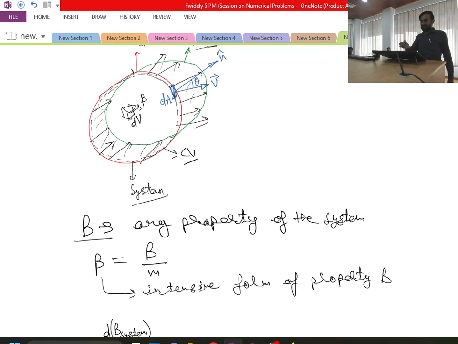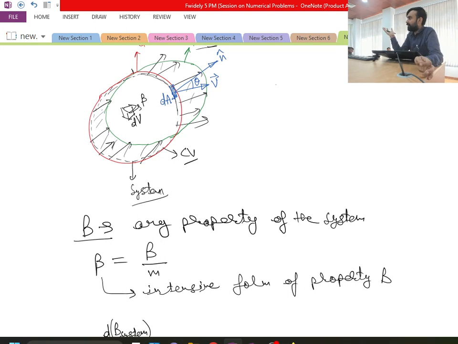Can you tell me how much property is going out of the system? How can we quantify the amount of property going out of this small elemental area dA? First we have to quantify the volumetric flow rate at which fluid is going out.